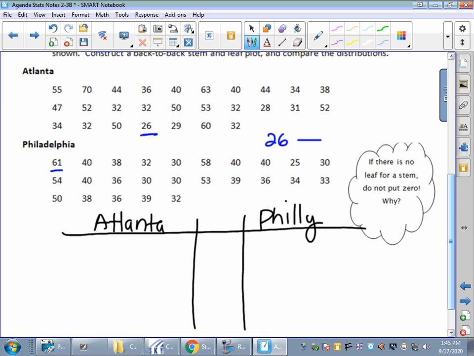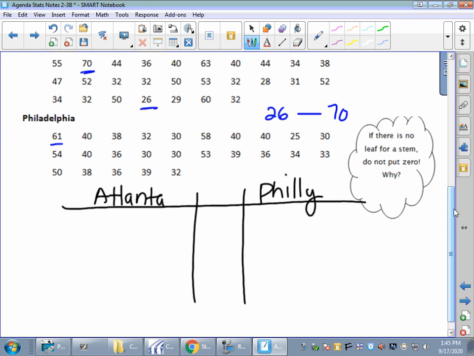Anything higher than a 61? So 26 to 61. So then that makes me think I need to have stems and leaves up to, oh, look at this, I missed a 70. So 26 up to 70. So my stems are going to be 2s through 7s, just my first digit. So 2, 3, 4, 5, 6, and 7.